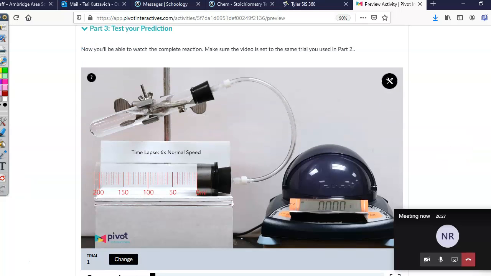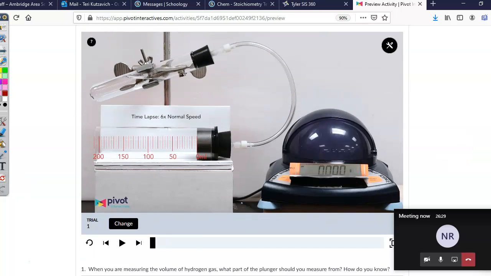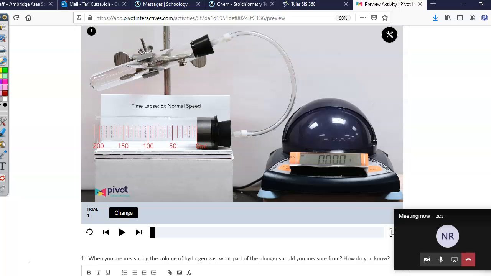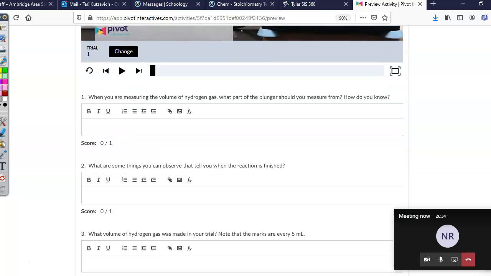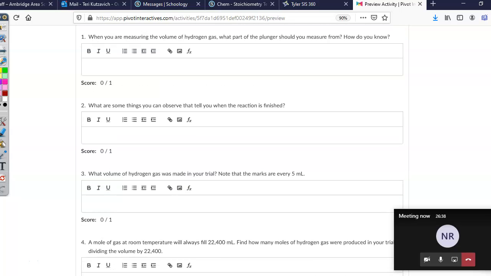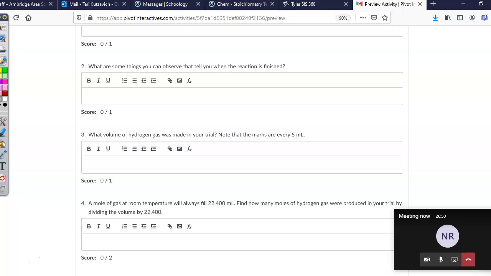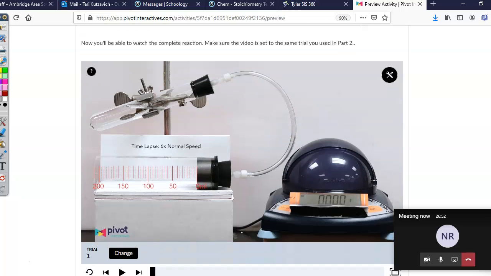All right, part 3 is just a continuation of the reaction that's going to show, and then it's going to stop. When it stops, then you can continue answering these questions. Number 1, you just watch the video, and that's how you answer that. Number 2, you can figure that out. Number 3, you have to go up and look to see where this plunger goes.